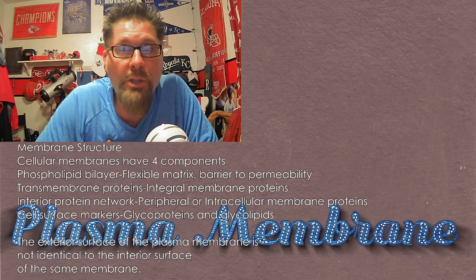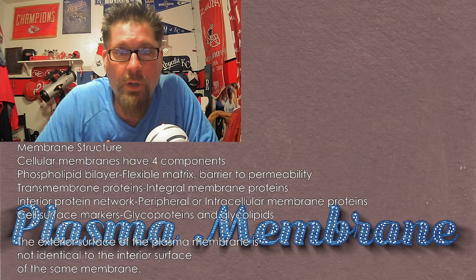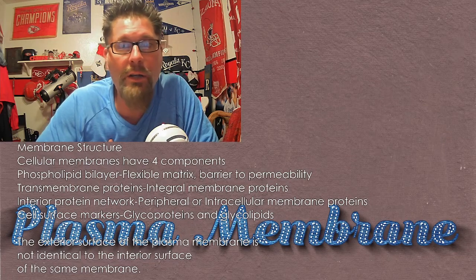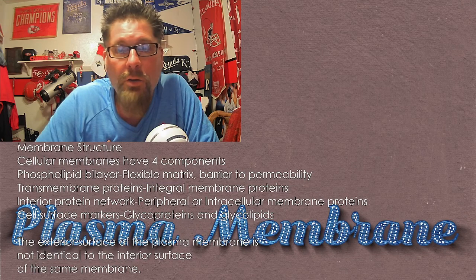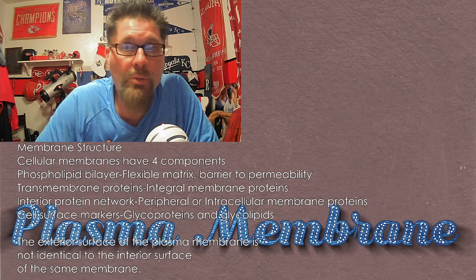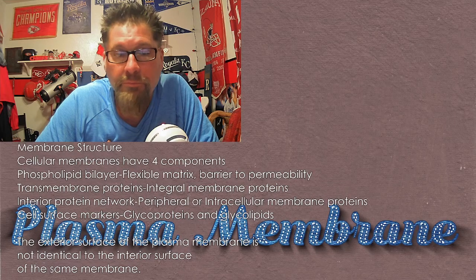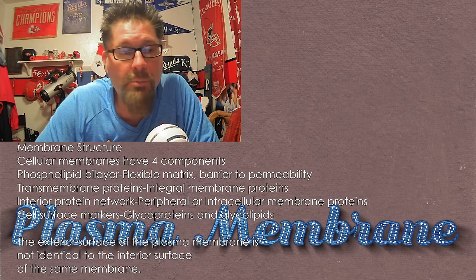You've got proteins, and each of these components have their own little video that will go deeper into that. But you could have proteins that span the entire width of the membrane. You could have surface proteins. You can have proteins on the inside for things that need to get out. Just the thing to recognize, it's super flexible, super fluidity, another thing as far as going through.